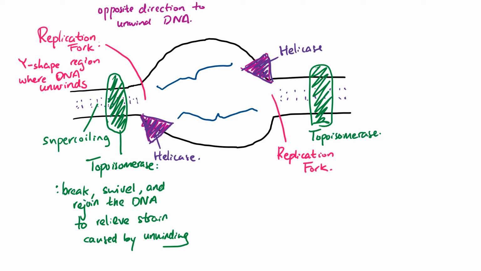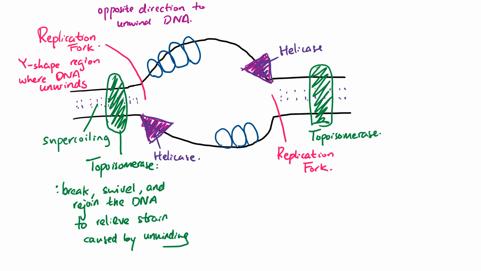So you need to protect this single-stranded DNA from rebinding with itself again. The way it does it is there are single-strand binding proteins that bind to the single-stranded DNA.